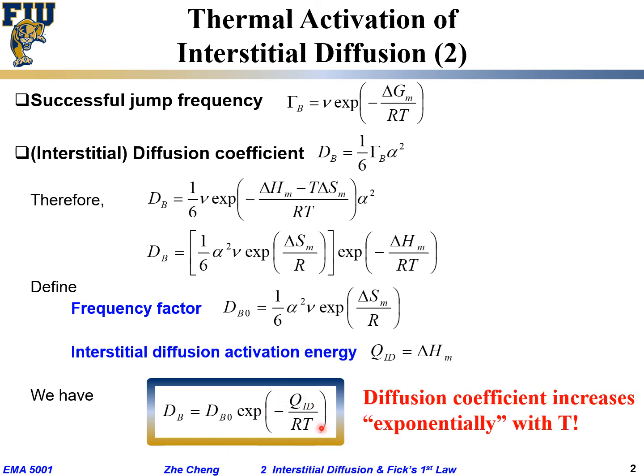So loosely speaking, we would say the diffusion coefficient, quote unquote, exponentially depends on temperature, and that's primarily due to this 1 over T minus exponential. That's why I say quote unquote exponential, because it's not directly exponential in T. It's 1 over T, with a negative sign. Questions?